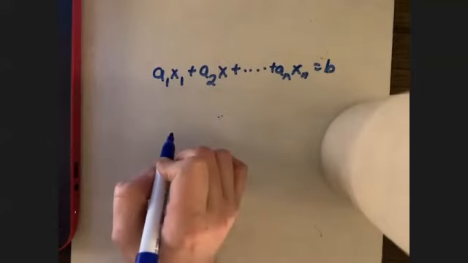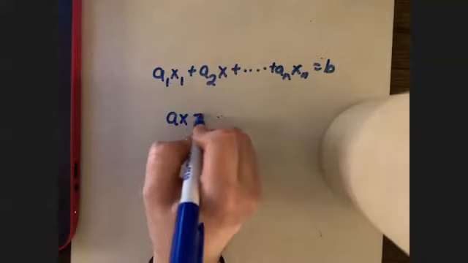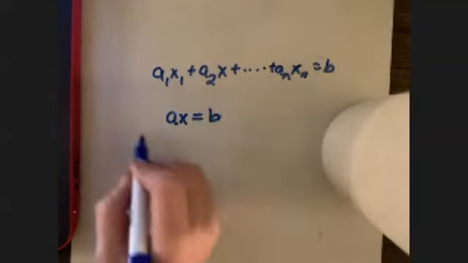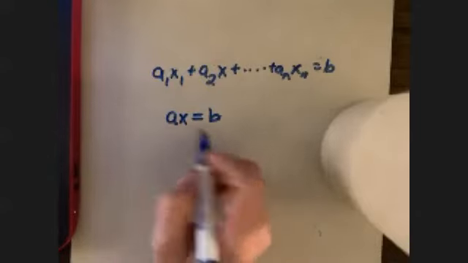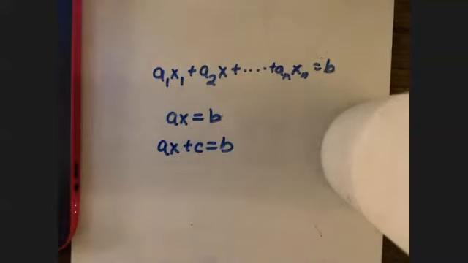The idea is we will be able to condense this down to like ax equals b. Okay, that's the thought process that's going to happen here. We may even have like ax plus a number. Okay, so ax plus c equals b.